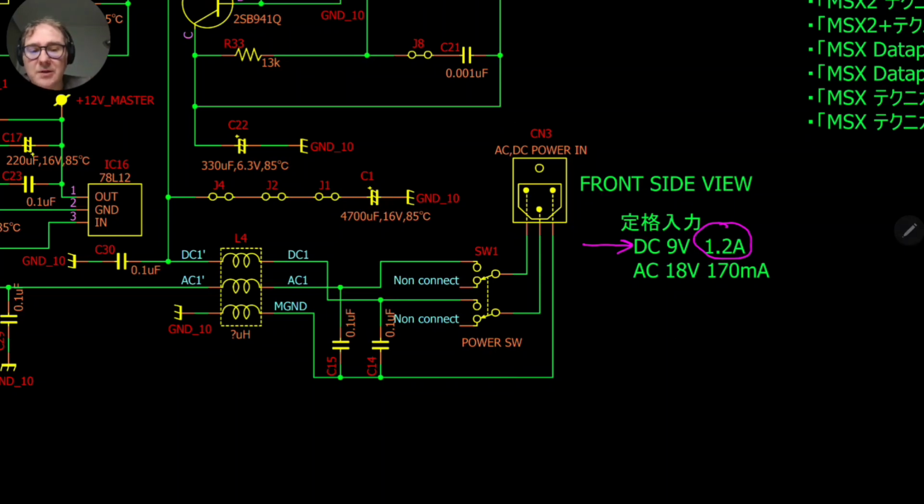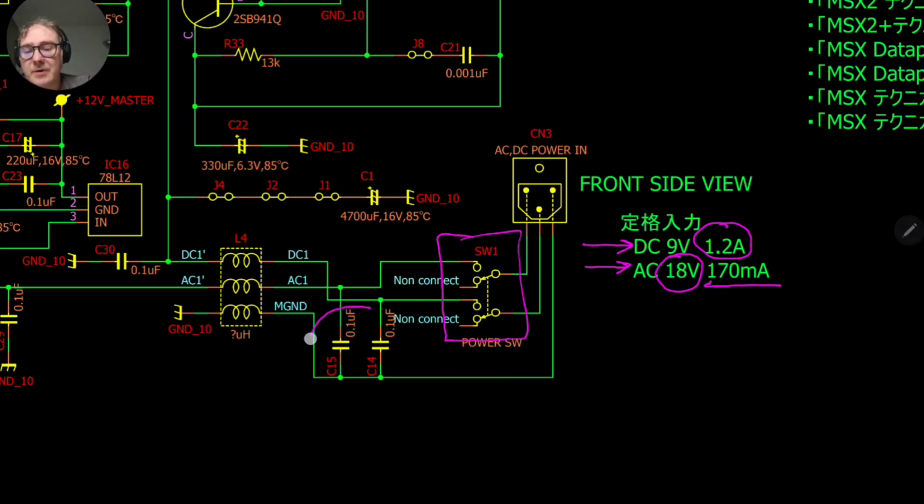In practice there's not that much, but this is the maximum. And the other pin is driving AC current, much more volts but fewer amps. After that you have the switch that you can use to turn on or off the computer.